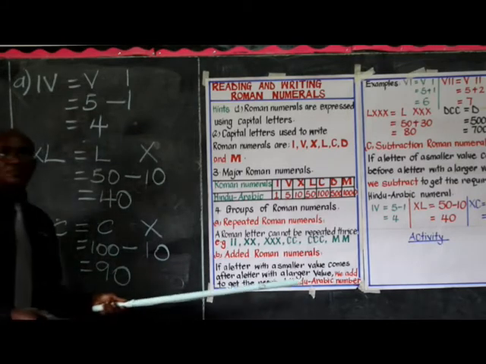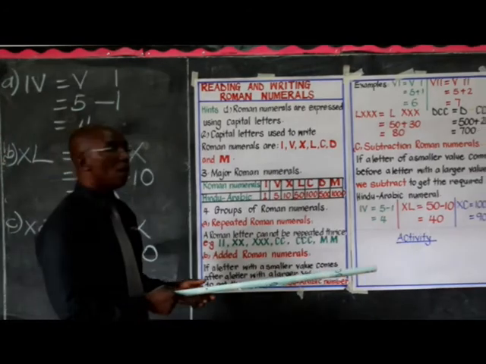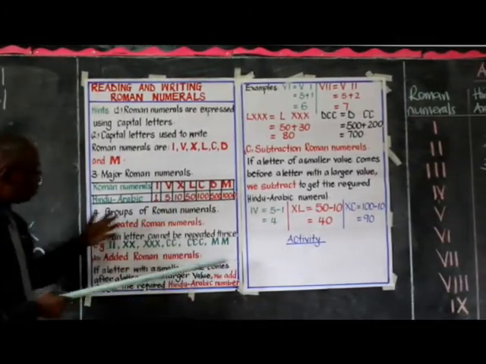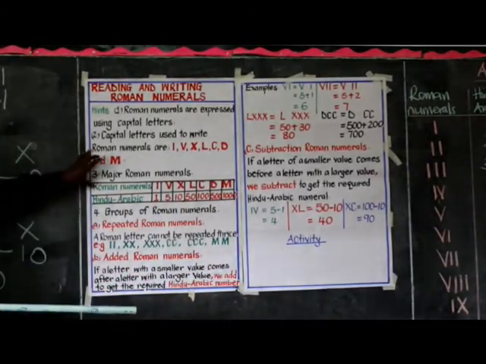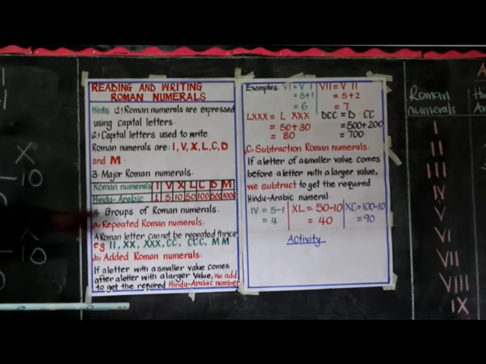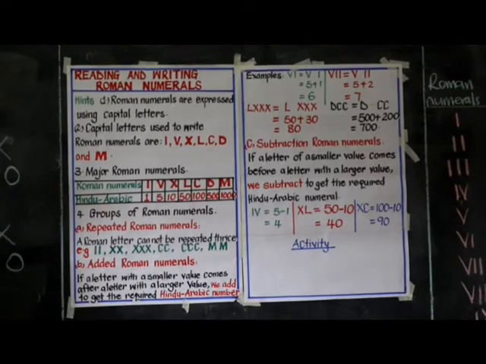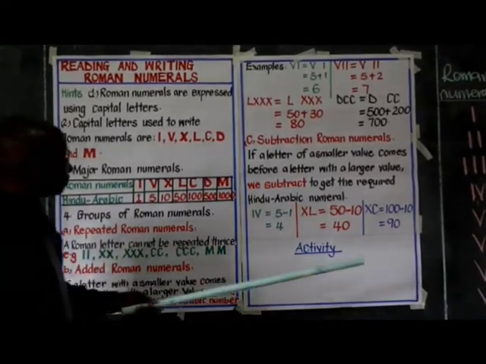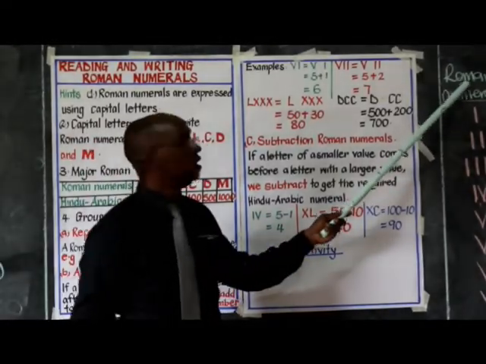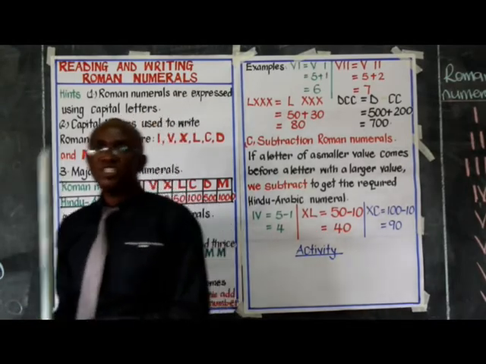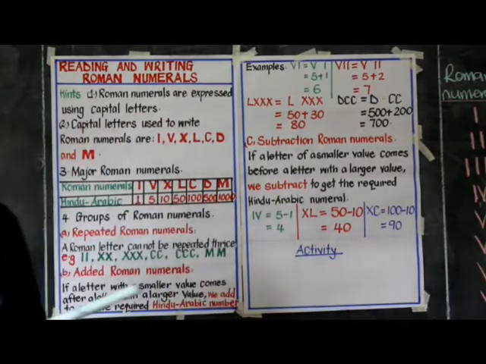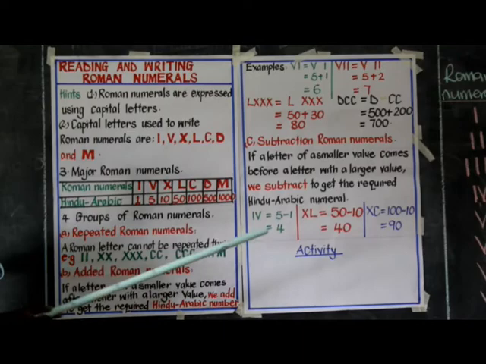So now, you must have noted this in the books because these notes are very important. They will help you to understand more about this. So now we are going to the activity that is going to be done. The activity is actually simple.